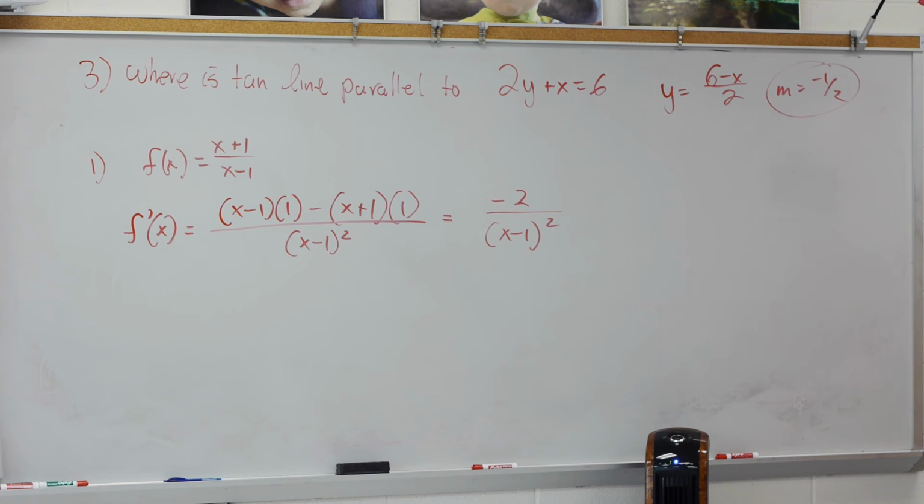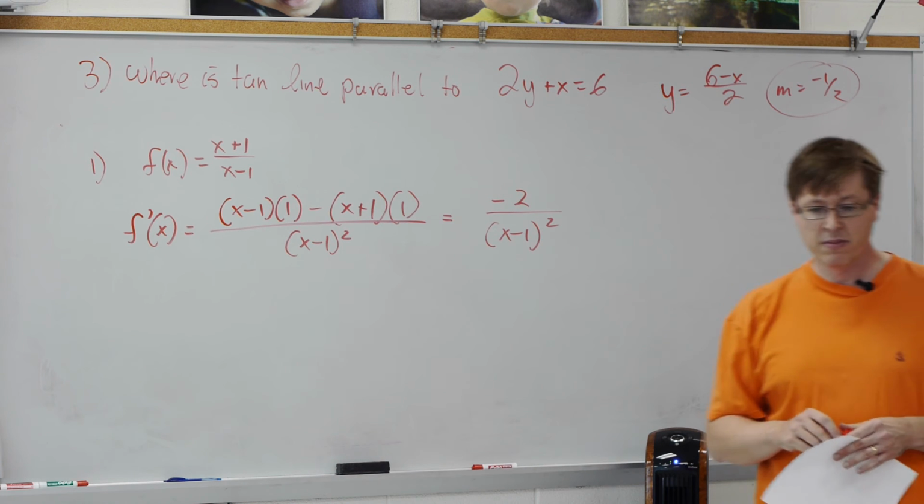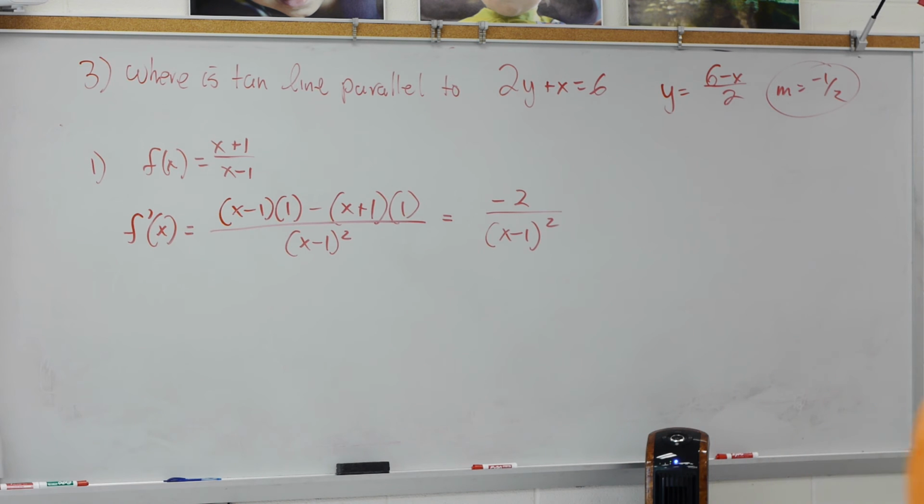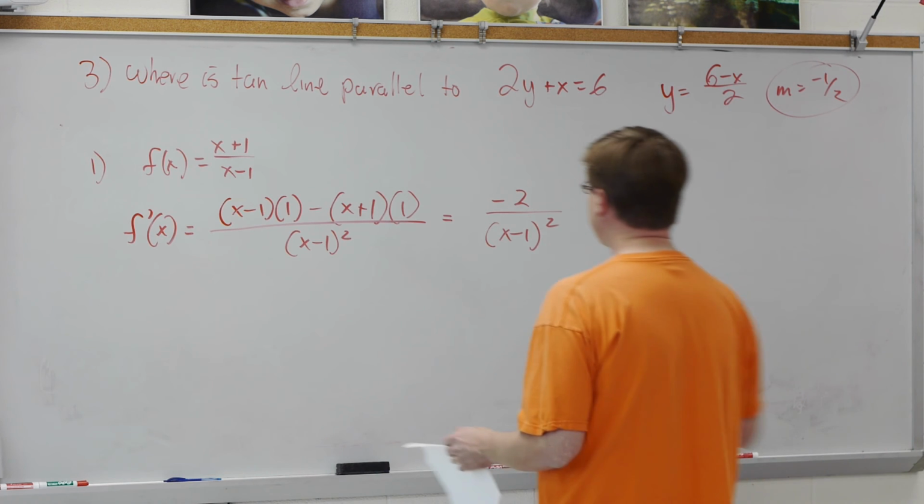Any questions about the derivative? So now what do I do with that -2 over x minus 1 squared? Set it equal to -1/2 and solve.